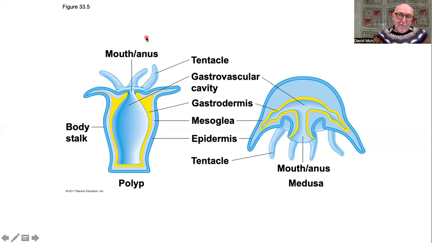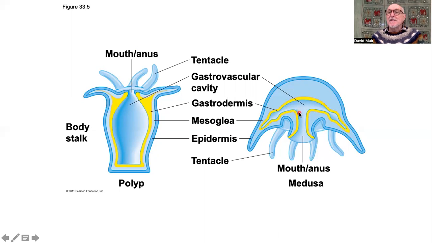The other body form in the Cnidaria is that of a medusa. And this is probably familiar to you as the jelly, improperly called the jellyfish. It's not a fish at all, and properly, it should just be referred to as a jelly. And you'll see the similarity in the body form between the polyp and the medusa.